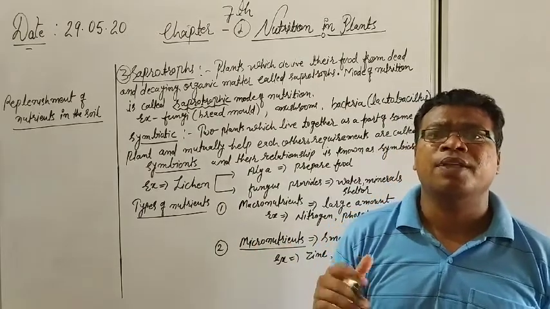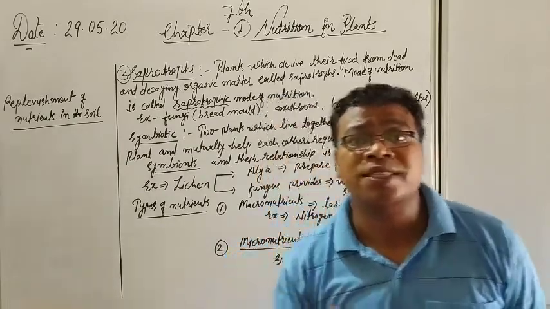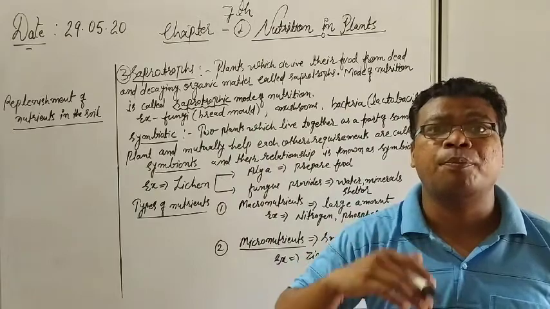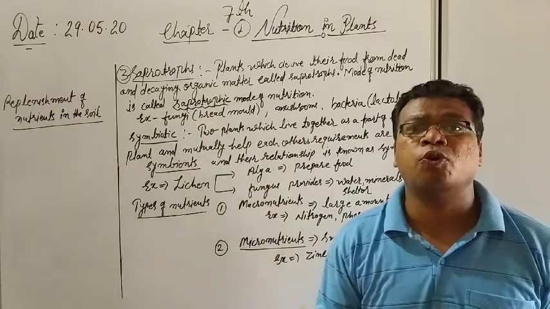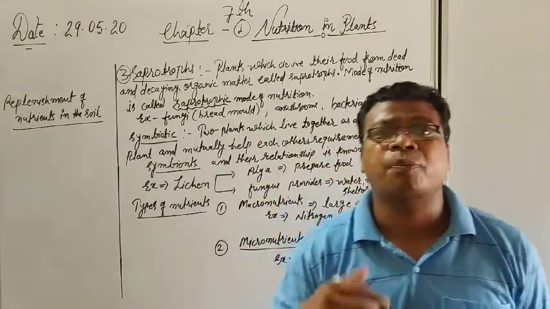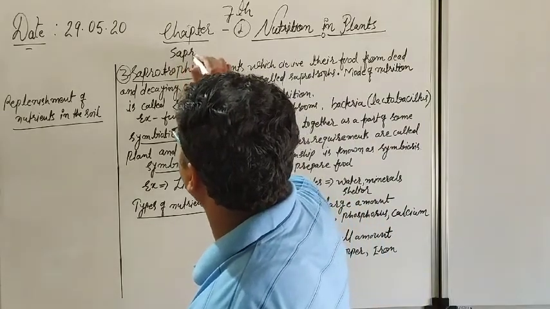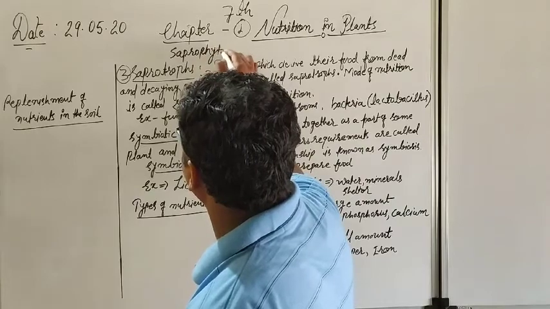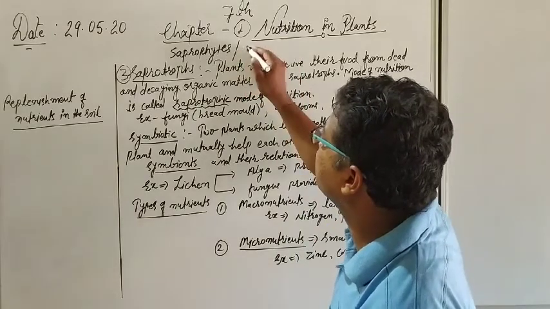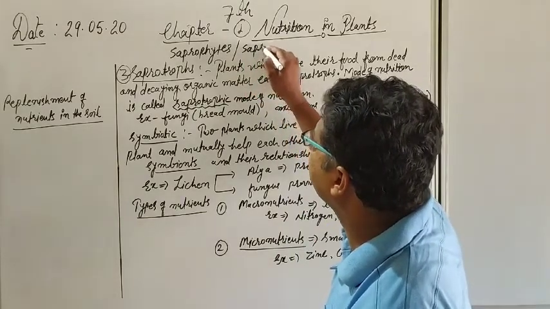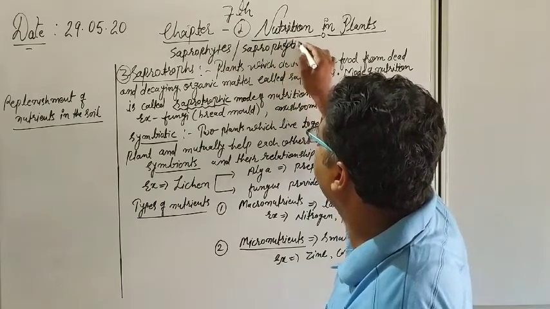Because they are saprotrophs, their mode of nutrition is known as saprotrophic mode of nutrition. Sometimes these saprotrophs are also known by another name, saprophytes, and their mode of nutrition is then called saprophytic mode of nutrition.